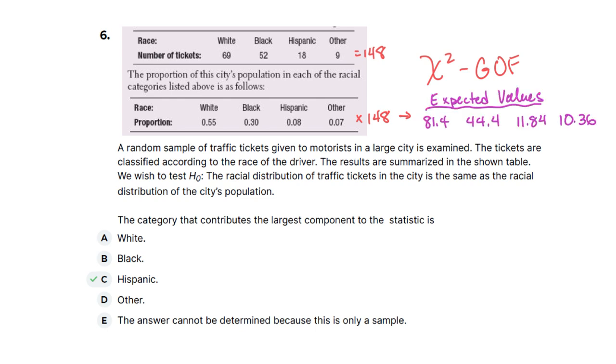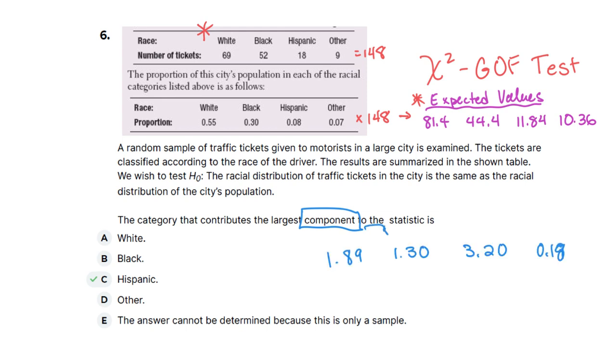Once I had my expected values, I can put my two lists into my calculator. So you're going to put in your observed value list here and your expected value list here. Once you've done your chi-squared goodness of fit test, you're then going to look at your component values, or if you've got the Inspire, you're going to have to bring that up with your variable function.